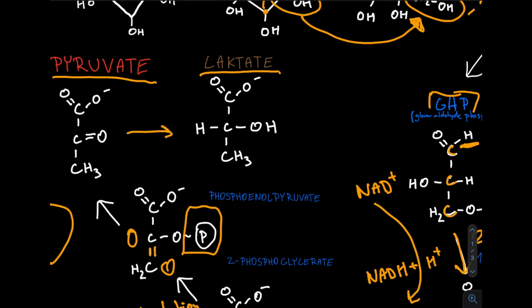And so we reduce pyruvate by using NADH, which then creates NAD+. So when there is no oxygen and we have to go through the process of anaerobic glycolysis, all the NADH that we create through glycolysis is then used. So there is no profit in NADH.